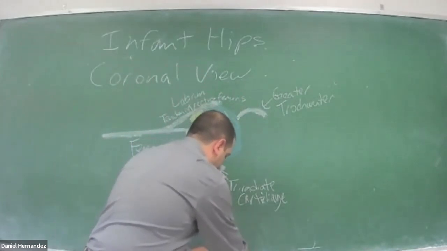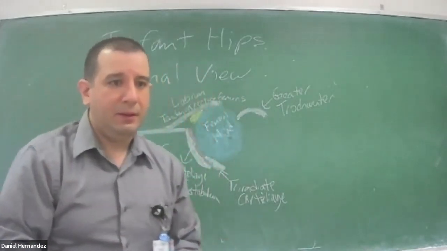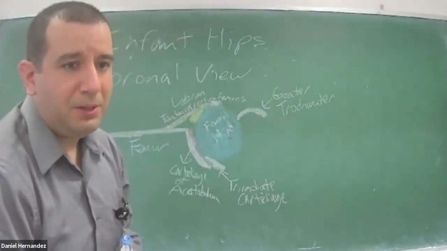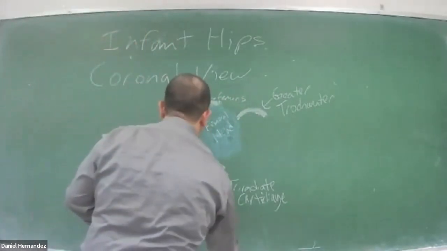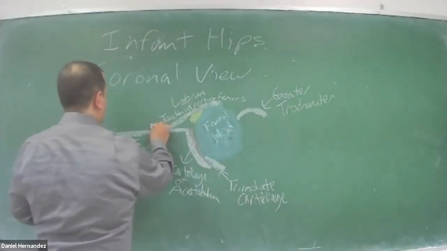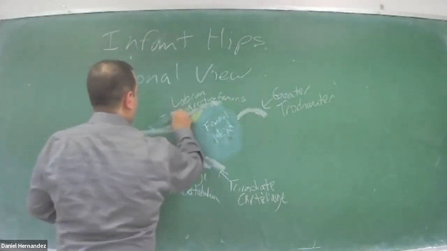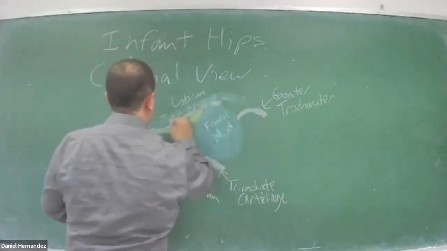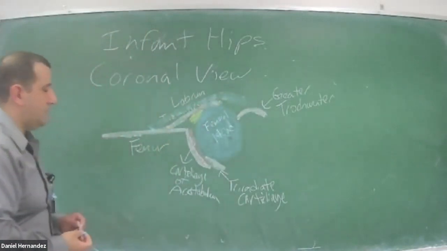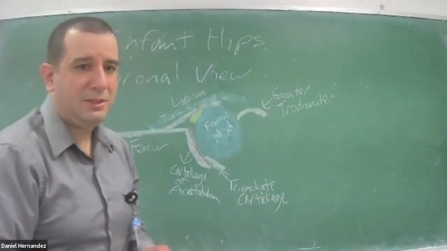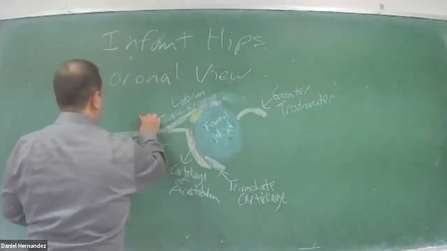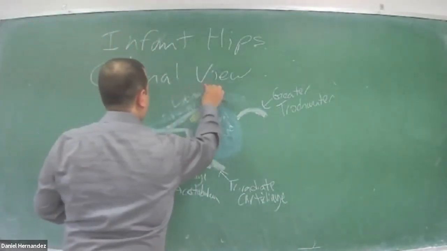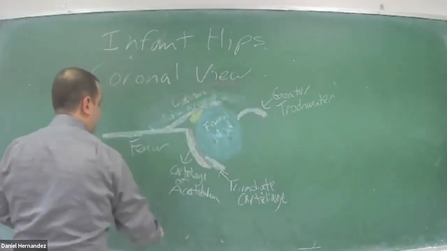Then we have the muscles of the gluteus minimus and the gluteus medius, which lie above it. The first one is the gluteus minimus, closest to the bone, and the gluteus medius is another layer of muscle above that.